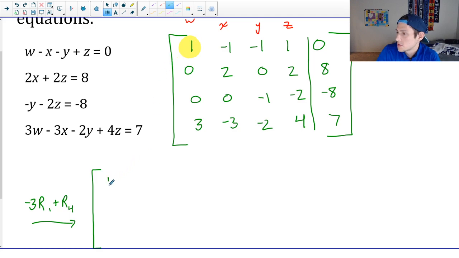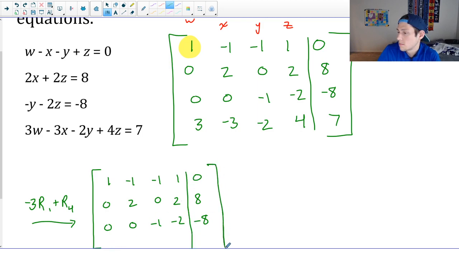Right, so these first 3 rows will stay the same. But row 4 will change, so I'll go through and do the math.